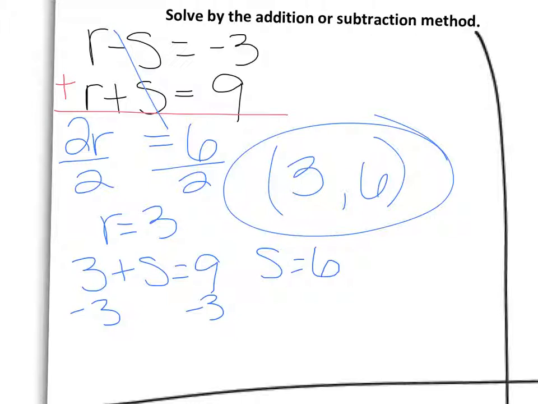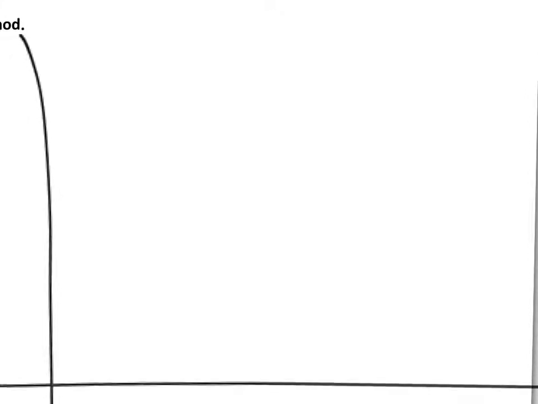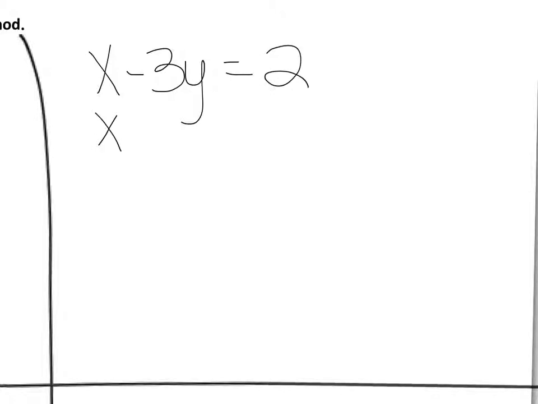Yes. Okay, now keep in mind that I said I am going to recommend that every time you're given a system of equations, see what happens if you add it. Even if it's just mentally, see if one of your variables cancels out. Let's look at x minus 3y equals 2 and x plus 4y equals 16.